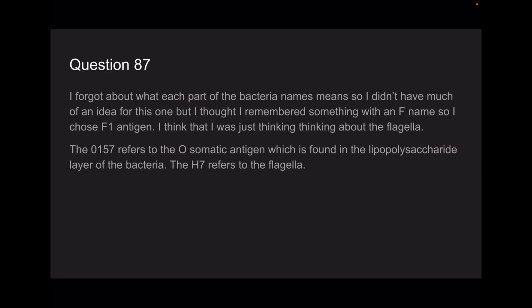I think that I was just thinking about the fact that it has a flagella, and this is F in my head. I don't know. The correct answer is O-somatic antigen. That's what O157 refers to, and it's found in the lipopolysaccharide layer of the bacteria. The H7 part refers to the flagella.